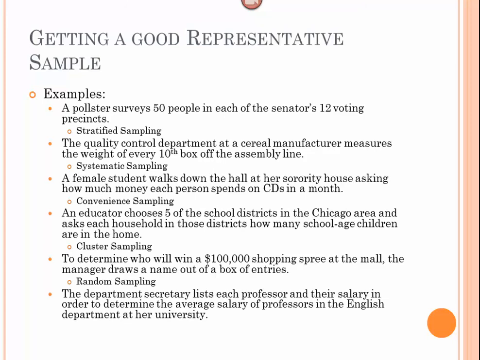They want to know what the average salary is for the professors in that department at that particular university. That's a small enough population that all we have to do is call up HR or the records people and get that information. So this is a great example of census data.